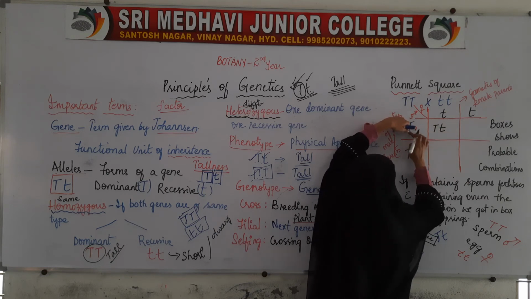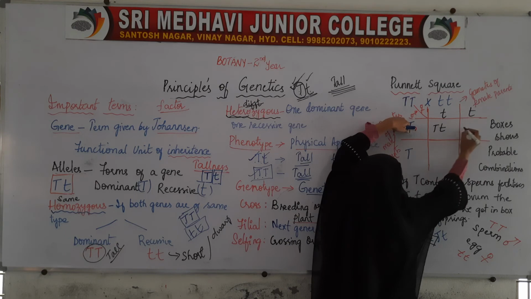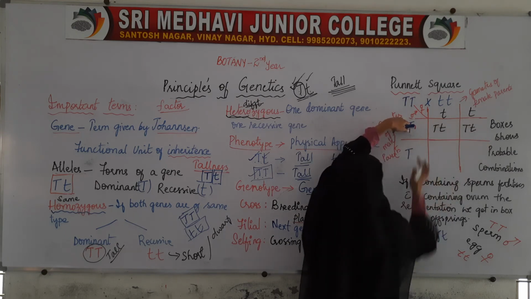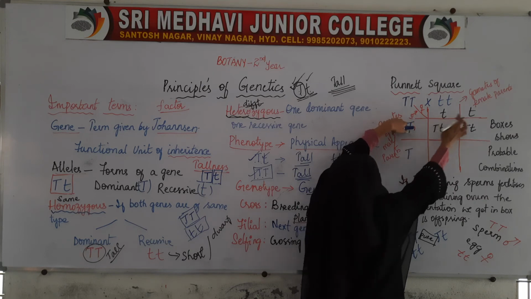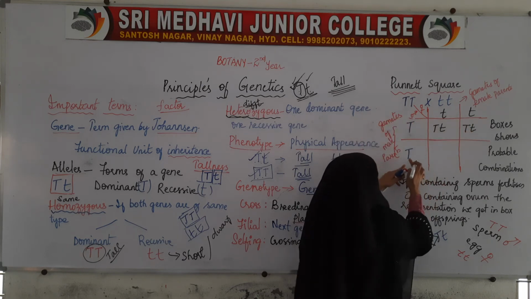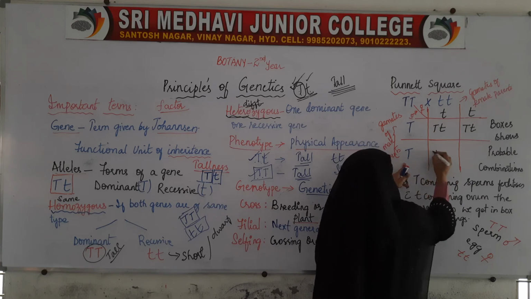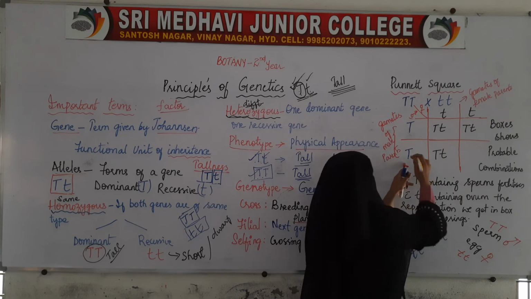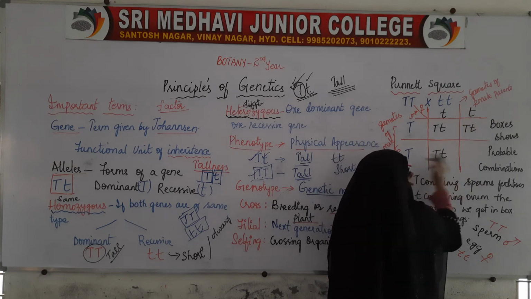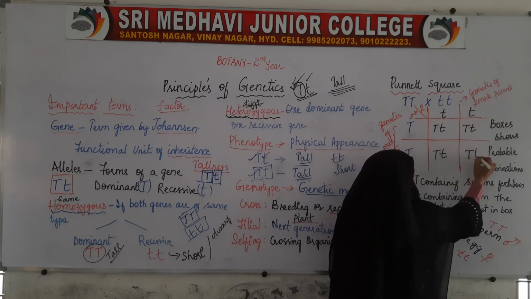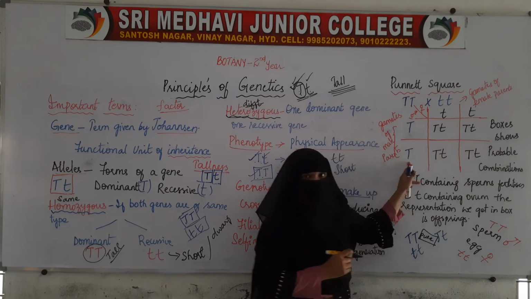If we cross it between this and this, one will be capital and one will be small. So I have crossed this with both of them. Now I will cross this with the other, both of them. So again you will get one capital T and one small t.